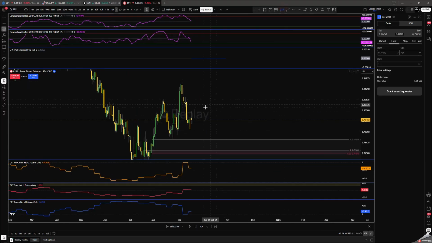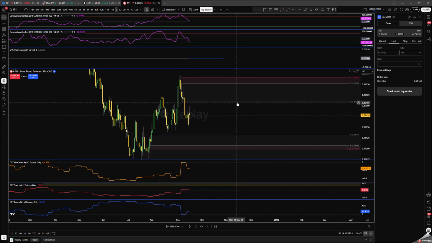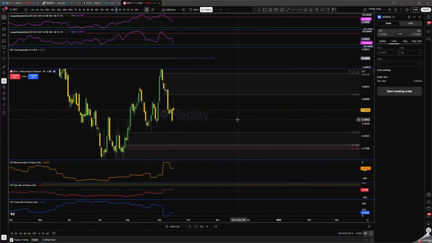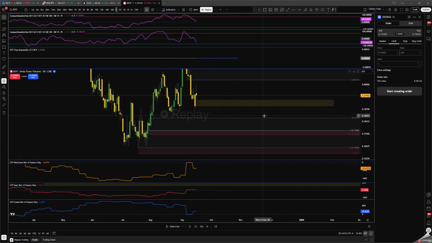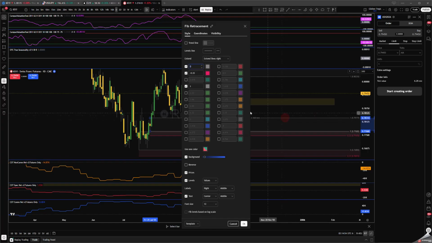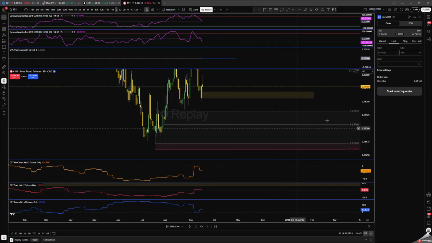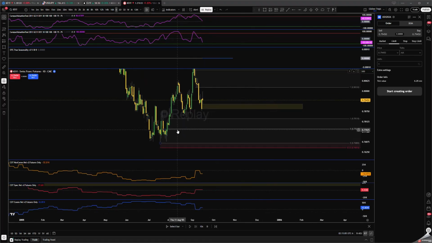And on the daily, here's one supply zone here. I'm just marking it for now, and there is a gap here. So let me put on my limit order. Or there are many ways to time the market.